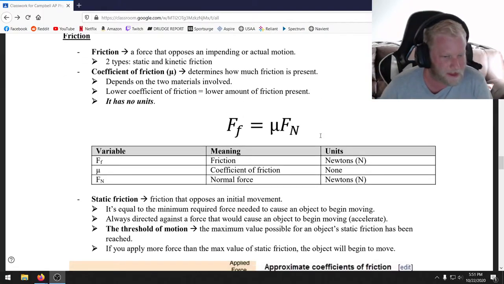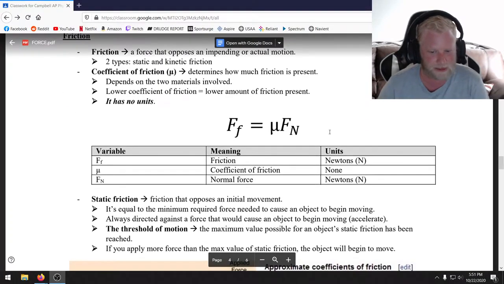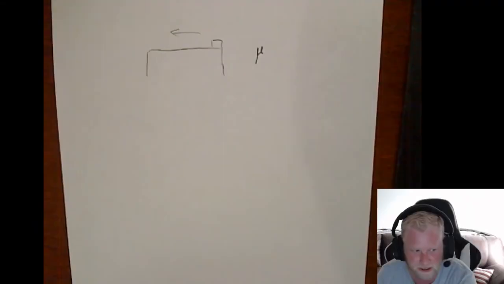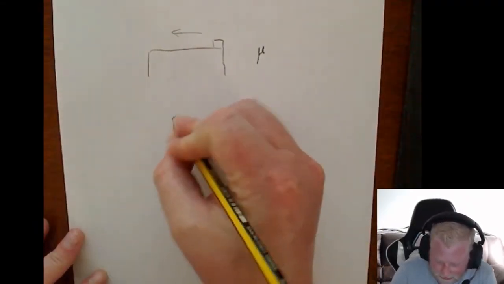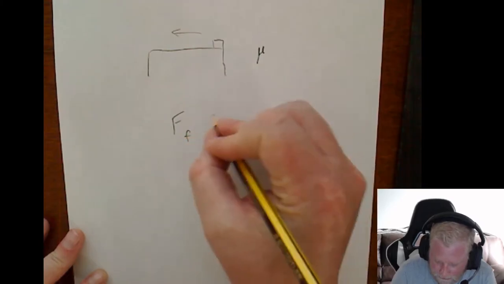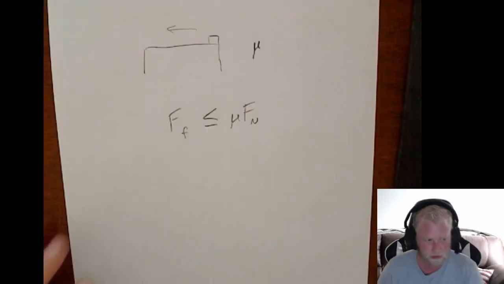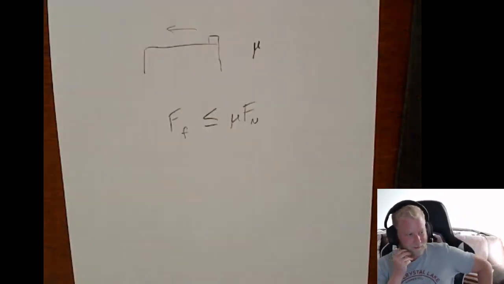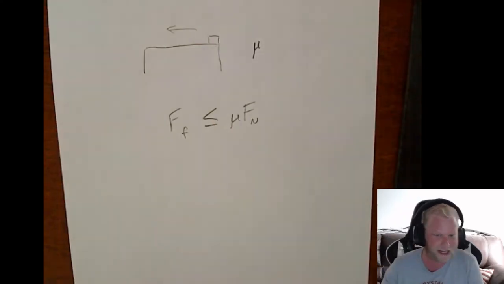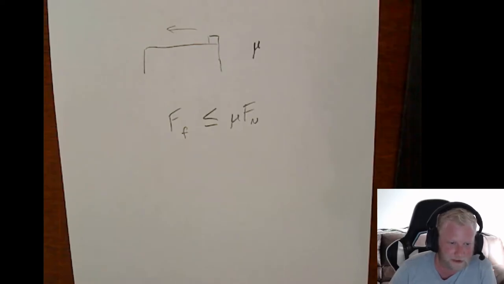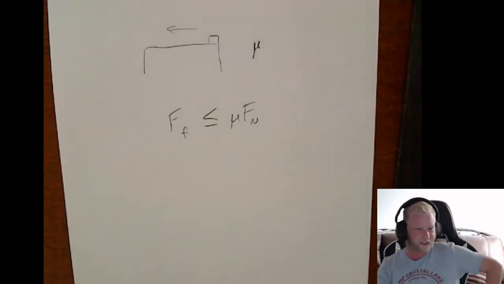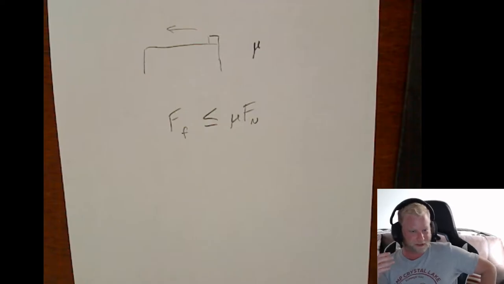Now, one thing with this equation: if you look at it on the equation page, you're going to see that the force of friction is less than or equal to the coefficient times the normal force. And the reason for that is static friction. So static friction is the friction that opposes an initial movement.